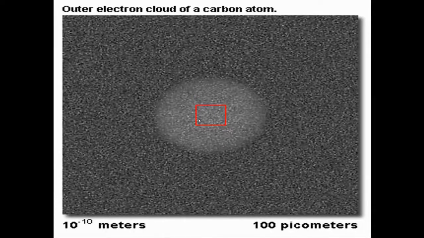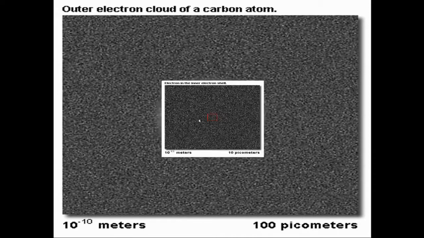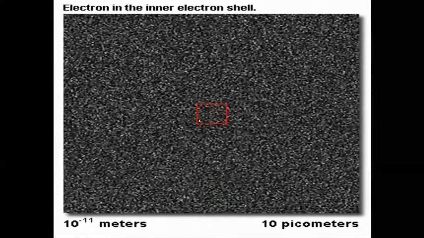And you all learned in school that atoms have a nucleus, and inside the nucleus you have protons and neutrons, and around them you have electrons. So if you magnify more, you are in the cloud of the electrons.